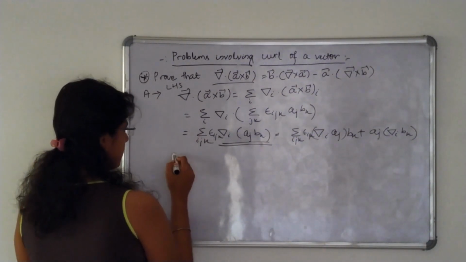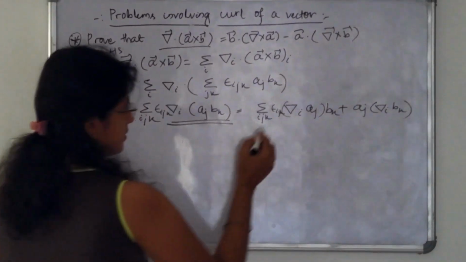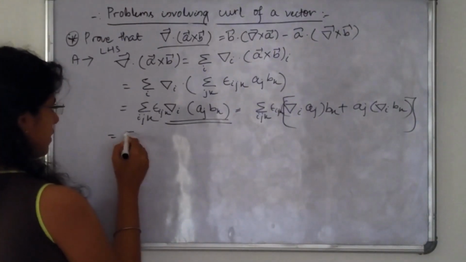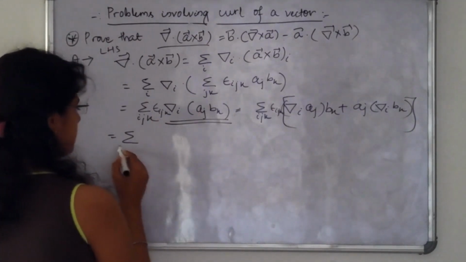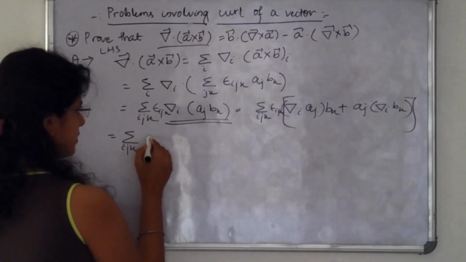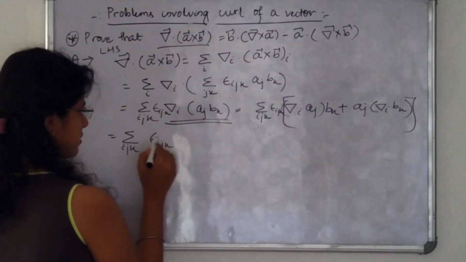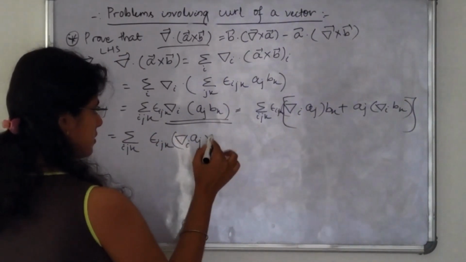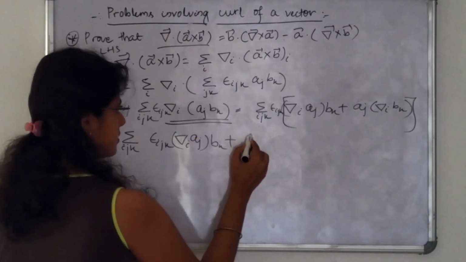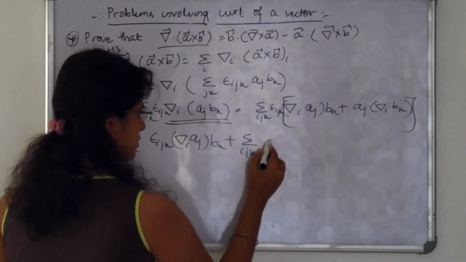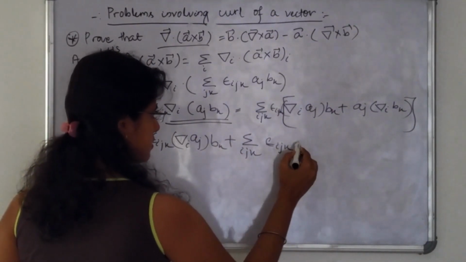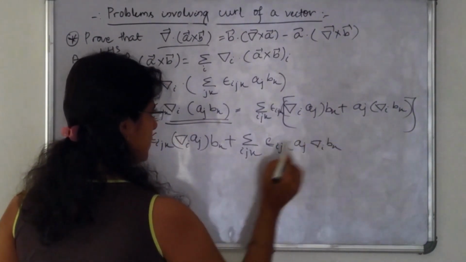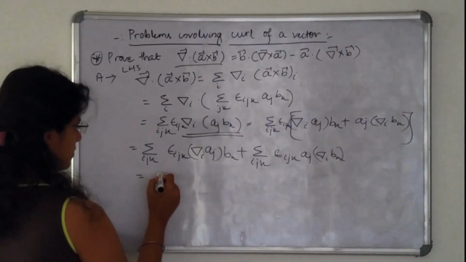Okay. Then again open this bracket, we will get b_k plus a_j del_i b_k. Okay.